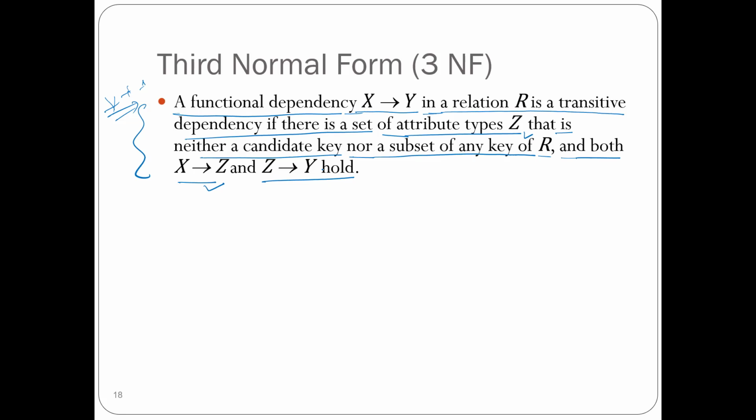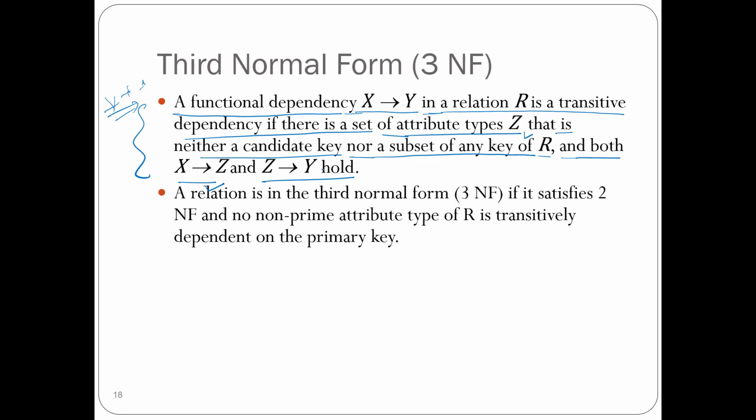So it is a kind of transitive thing: you have X to Z and Z to Y, then that means X to Y. That transitive dependency should not exist in third normal form, and this defines our third normal form. A relation is in third normal form, 3NF, if it satisfies 2NF and no non-prime attribute of R is transitively dependent on the primary key.